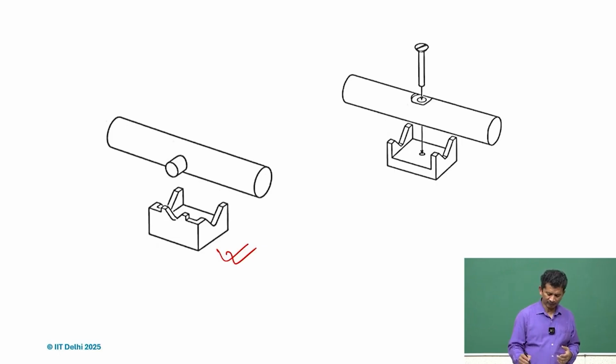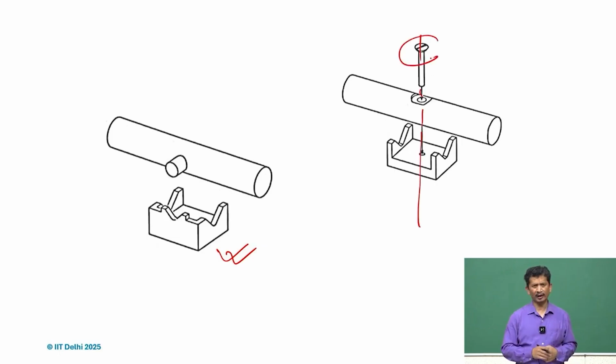In many cases, we locate using these kind of screws. If it's locked, it's okay, but with usage there might be wear and tear, and the clearances at the hole will also give some problem. There is a hole and there is a thread here. It can go on the thread, but the clearances will give some problem and it is not a very good design compared to this one. So, of course, this will be preferred.